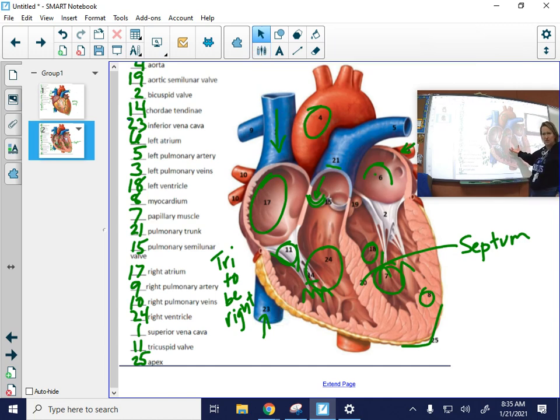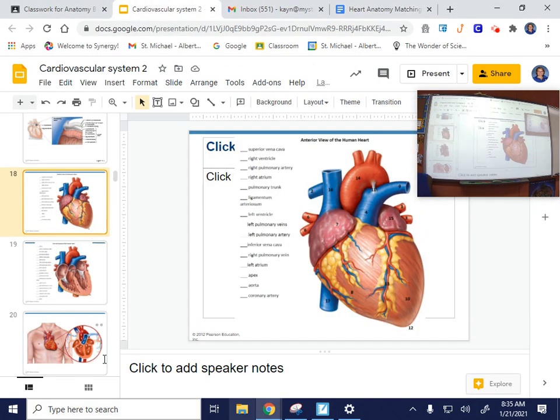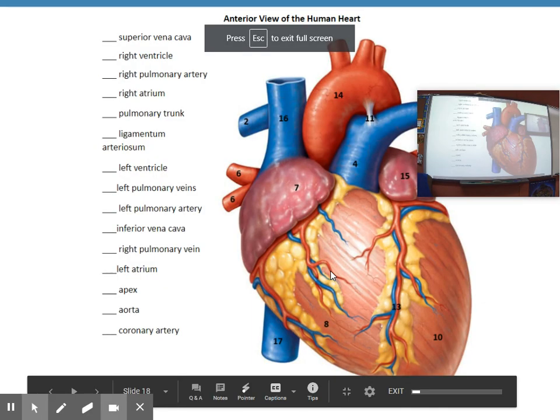So it's condensing that container, and so then the blood will flow. All right, so that is your explanation for the blood flowing through the heart.